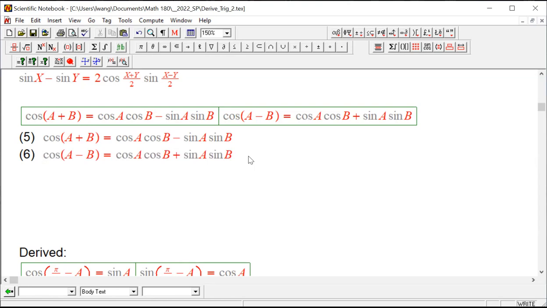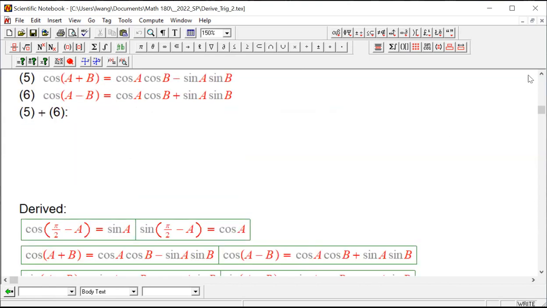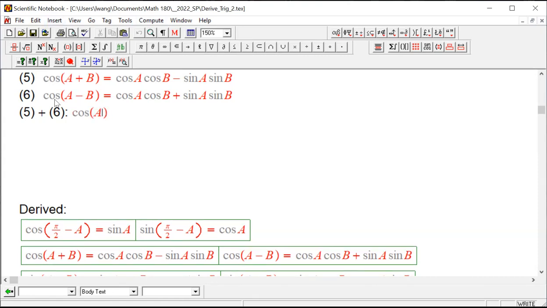Once again, we do 5 plus 6, left plus left. We get cosine A plus B plus cosine A minus B equals, on the right-hand side, two terms identical and two opposite.